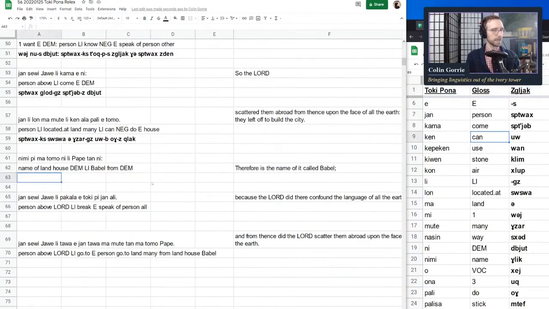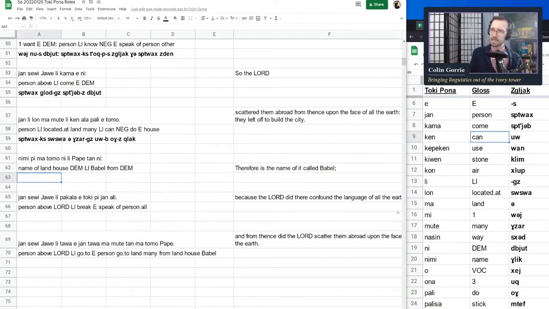Okay, then we have this sentence, therefore is the name of it called Babel. In Toki Pona, nimi pima tomo ni li pape tan ni. So the name of the land house, I believe this means city.